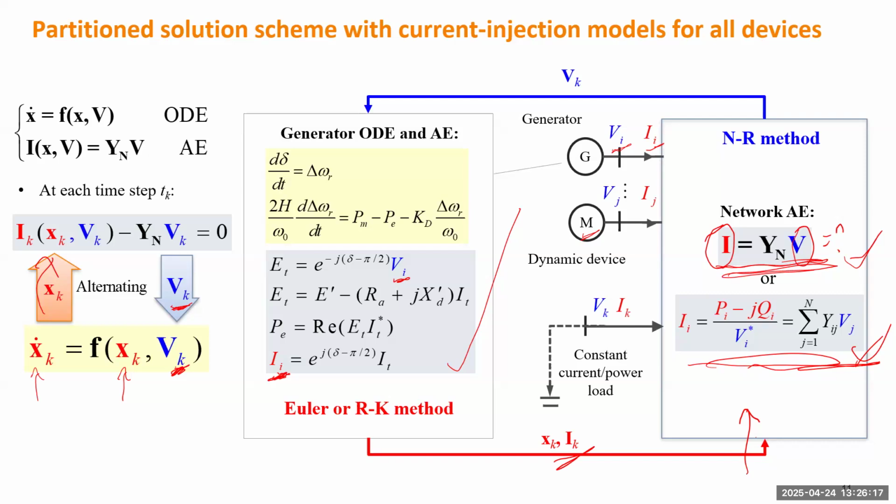Although this linear equation is not accurate, they only need the inverse of this Y matrix, and from the current they solve for V. Assuming both sides, you just multiply by the inverse, and you can calculate V. You just solve a linear equation, and then you pass the result back to the ODE integration method, like Euler or Runge-Kutta, and they update the voltage again. But for each time step, such an iteration may take maybe 5 or 10 iterations.